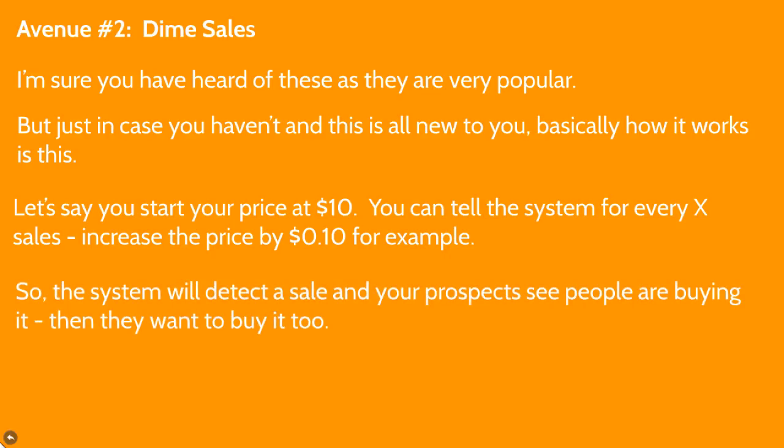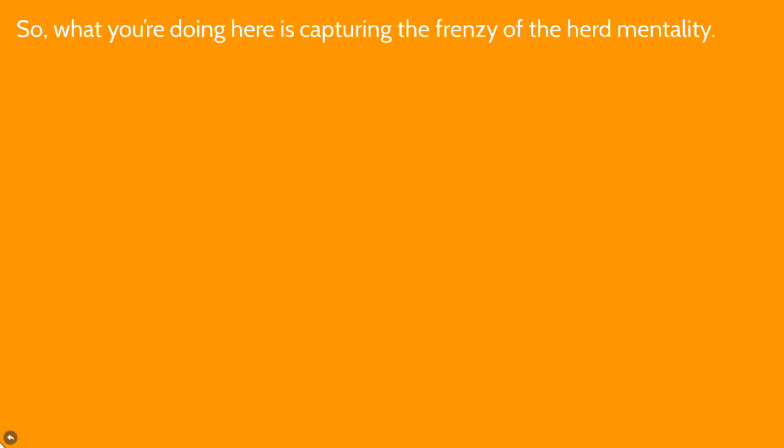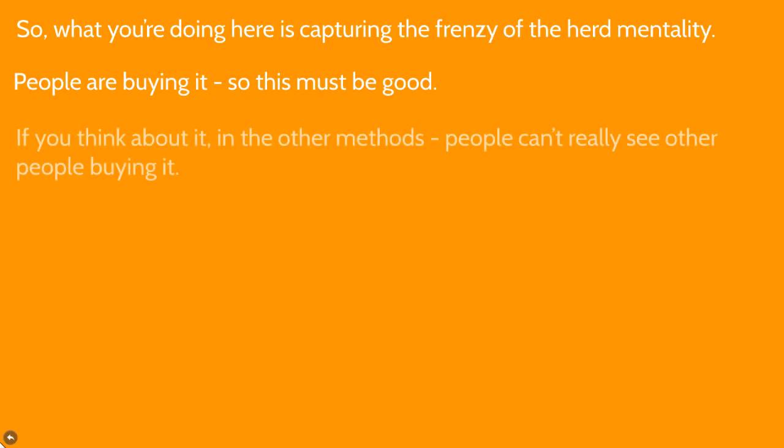So whenever the system detects a sale and your prospects see that people are buying, you're tapping into the herd mentality. And that's why this works really, really well. People are buying. People are seeing that other people are buying because they see that the price is increasing. So this must be good, right?